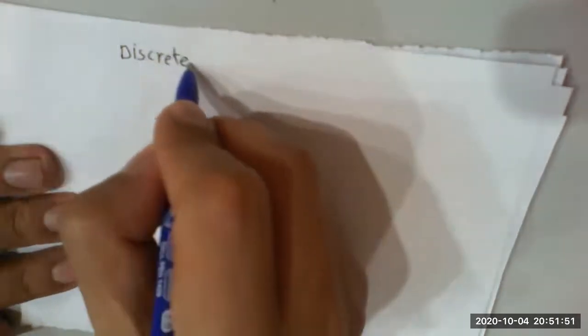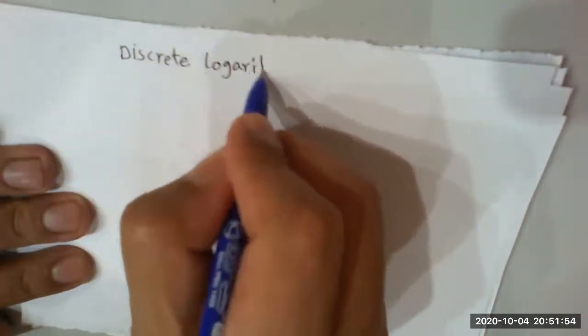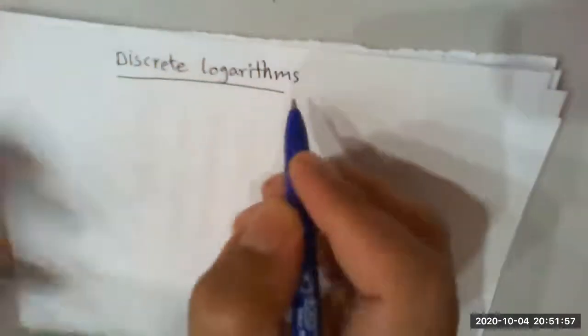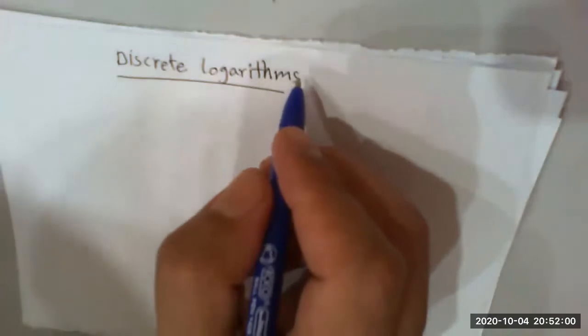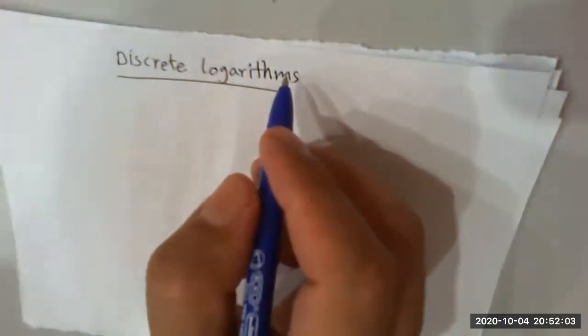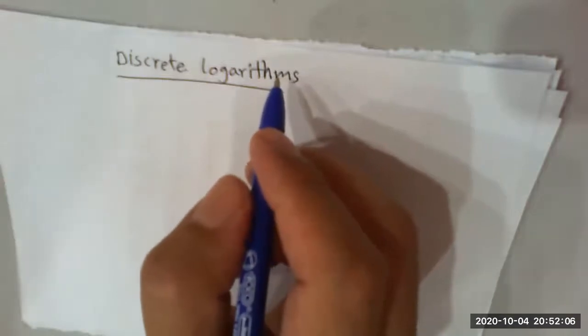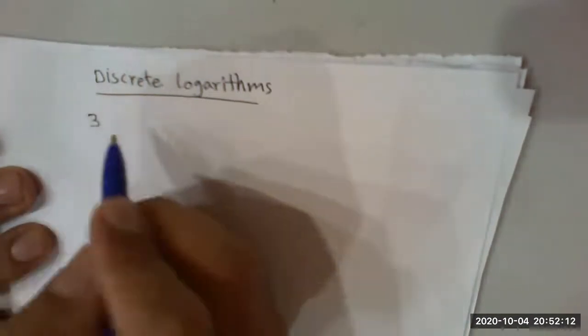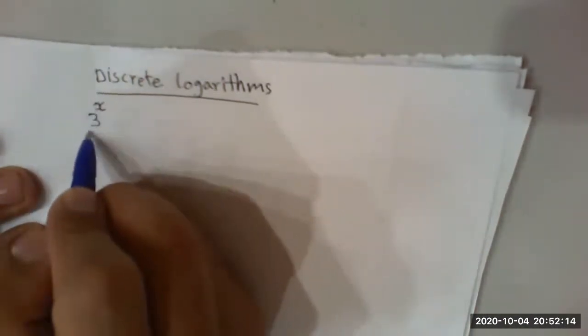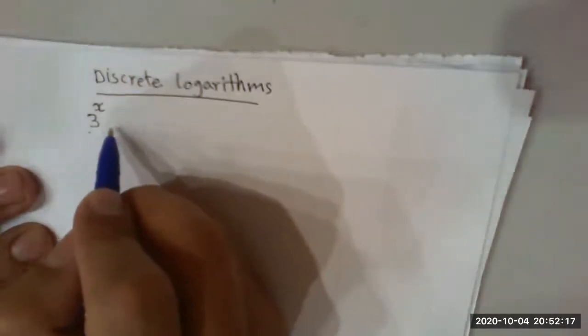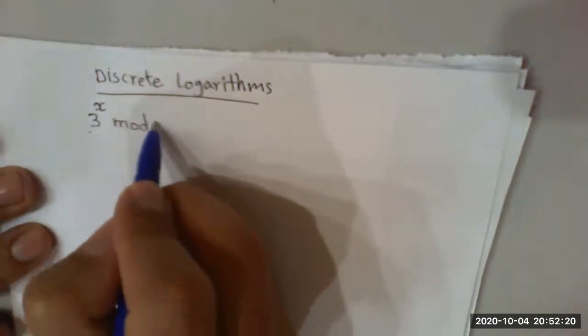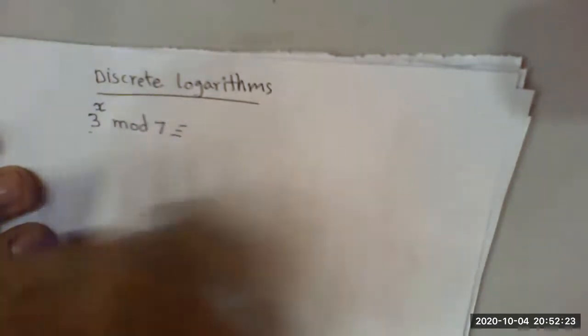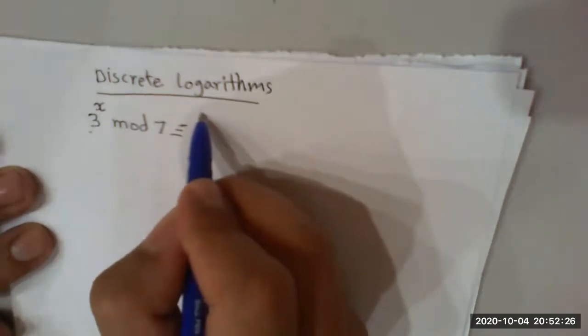The last thing I want to present here is the discrete logarithms. And this is very important. We will face it many times, discrete logarithms. For discrete logarithm, I just want you to concentrate on something. If I want to have a number to the base 3, and this number mod, for example, 7, it will give me a range of numbers from 1 to 6.